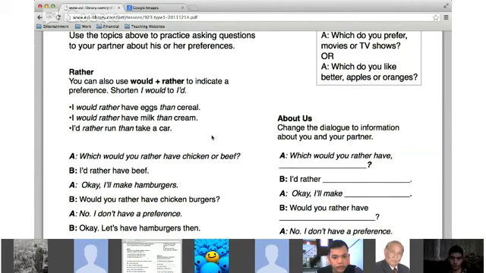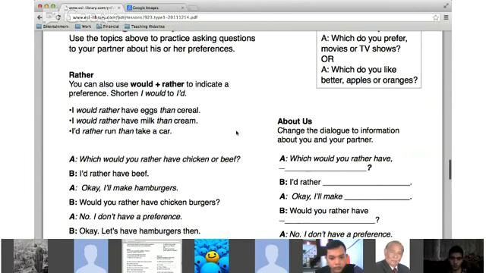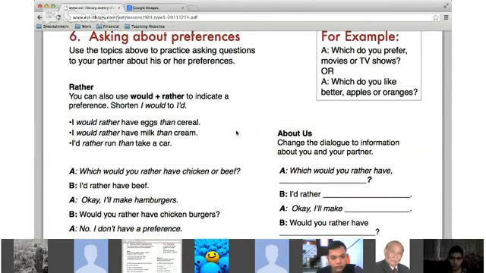I would rather have milk than cream. I'd rather run than take a car.